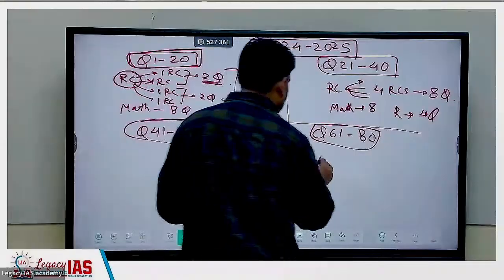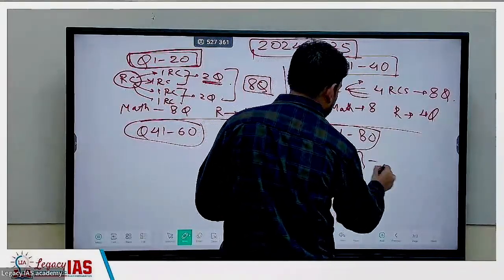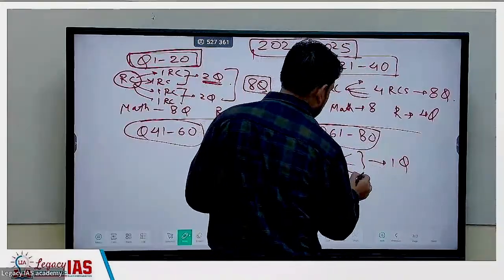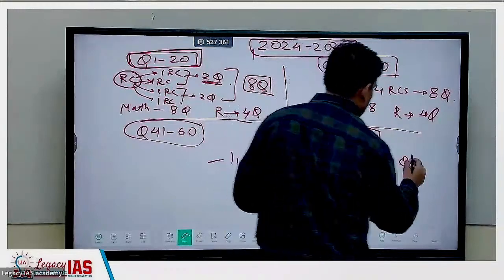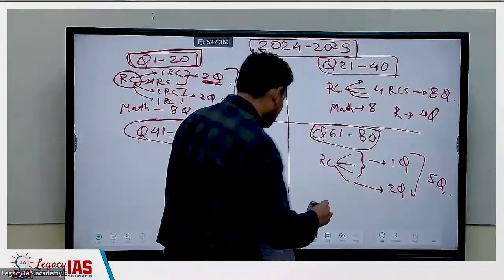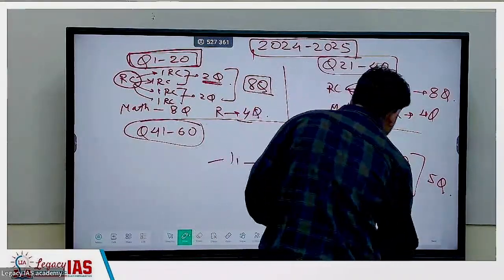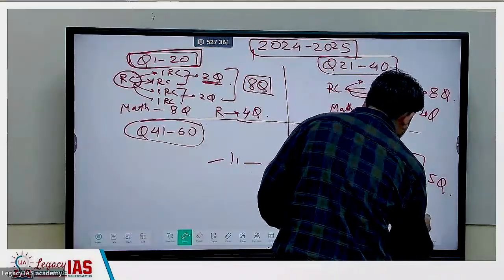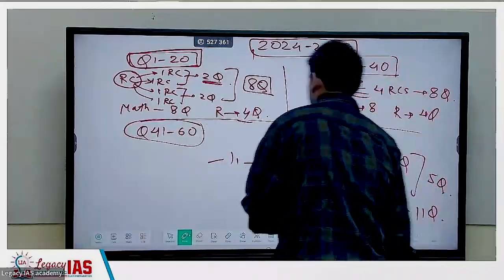This had a bit of a different pattern. There were again 4 RCs, but these 3 RCs had only 1 question and this one had 2 questions. So in all, there were 5 questions from RC. Again, reasoning was the same weightage, 4 questions, and the remaining part was mathematics with around 11 questions.